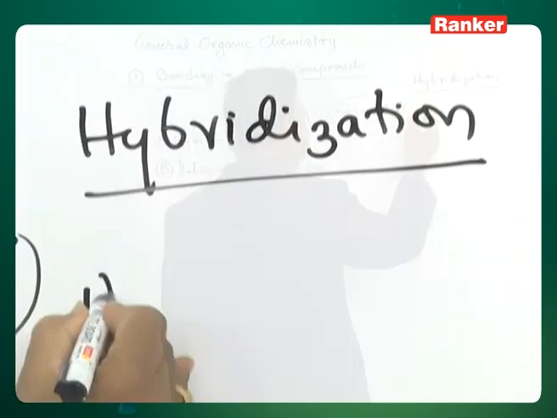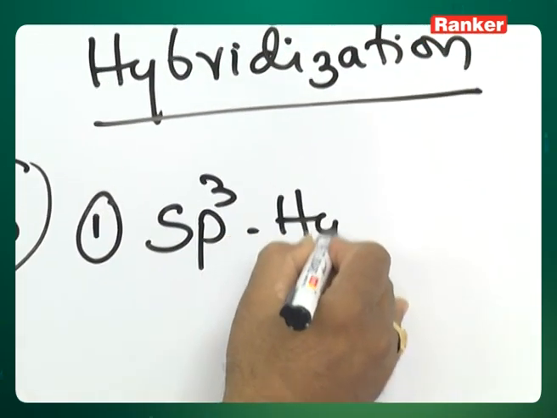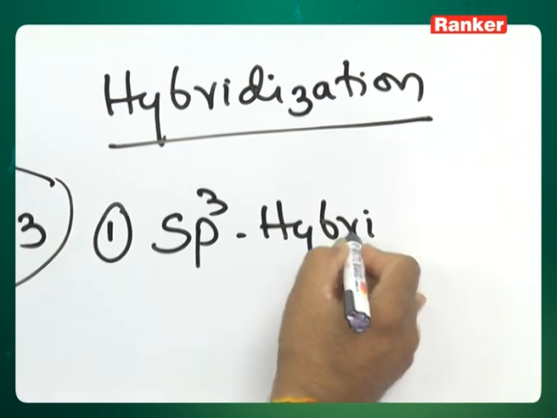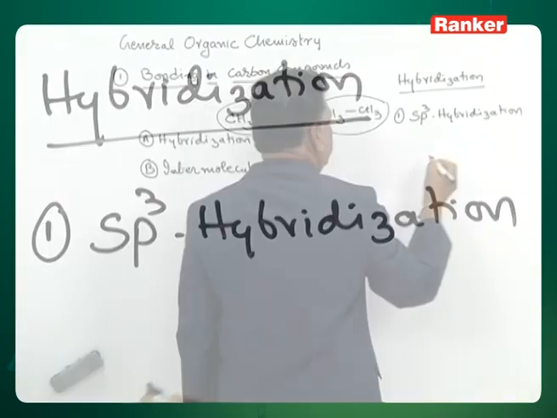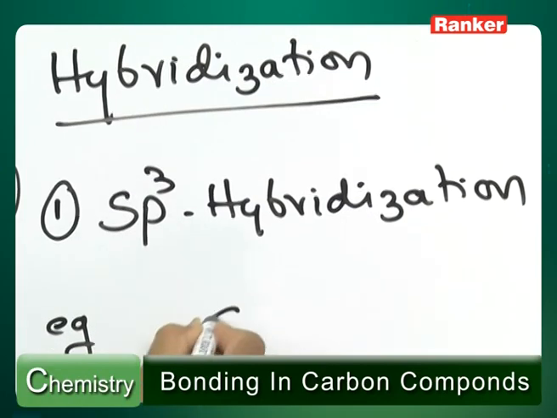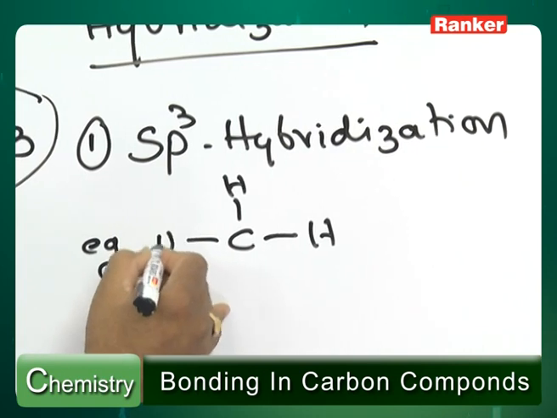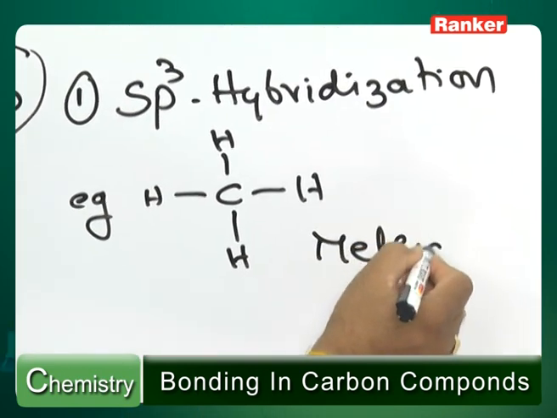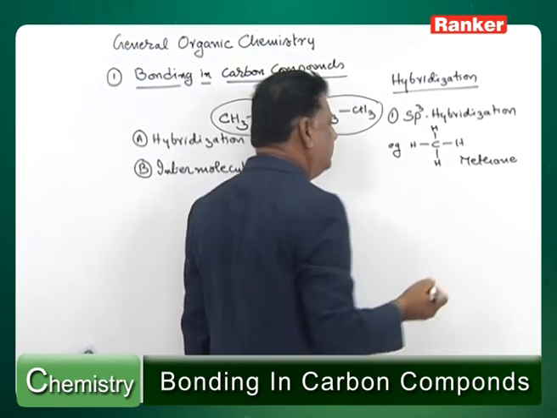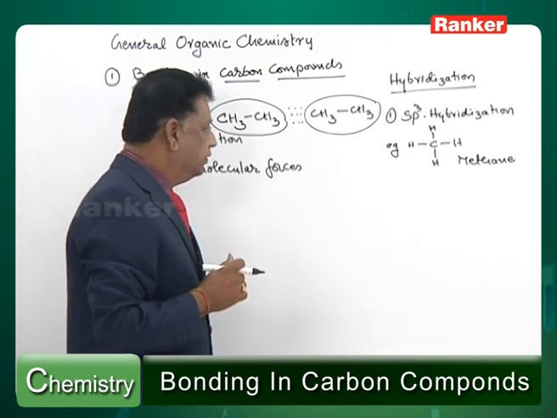The first one is sp3 hybridization. A simple example is a carbon having bonds with 4 hydrogens, a molecule known as methane. This is the simplest example to explain sp3 hybridization.